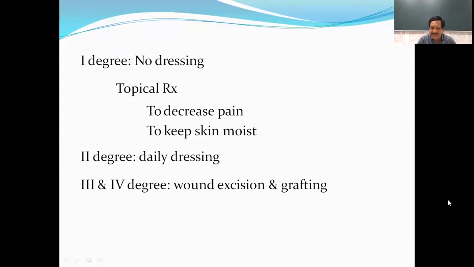For example, the face. Because of rich vascular supply, there is exchange of heat, so the face suffers a lesser degree of burns. Take the back: the skin is thick and the blood supply is just average. In those cases, they will have deep burns in the back.